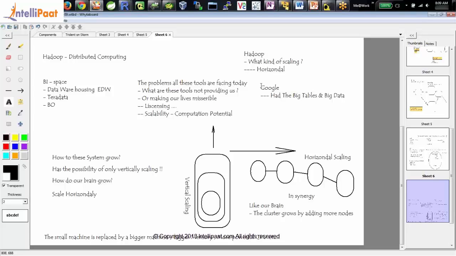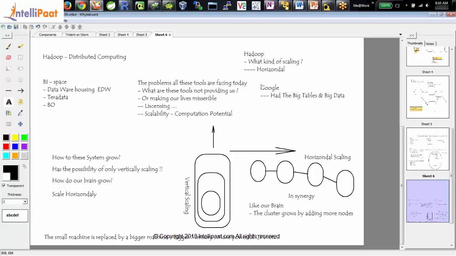Whenever we try to mimic any system, for example object-oriented, I don't know what programming background you come from. Do you come from a Java programming background? Oh, you are Java. Okay. So you know what object-oriented programming is. Why did we move from procedure-oriented programming to object-oriented programming? Because it's more natural.